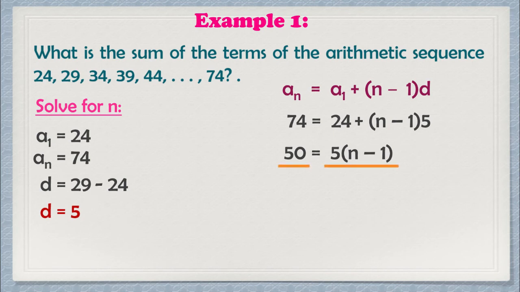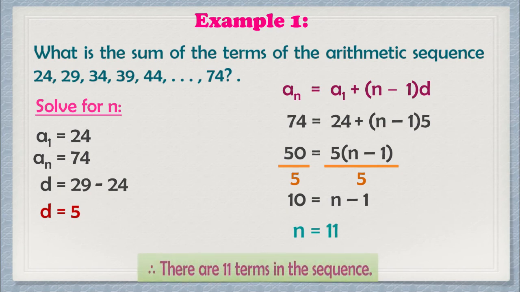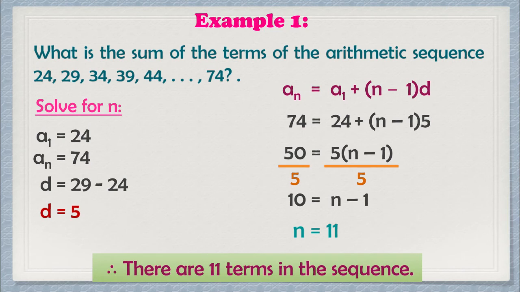Dividing both sides by 5, so that this 5 on the right will be eliminated, we'll have 10 equals n minus 1, leaving us with n equals 11. So therefore, there are 11 terms in this given sequence.